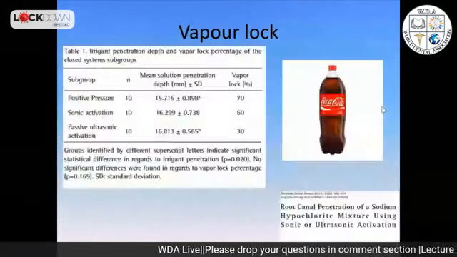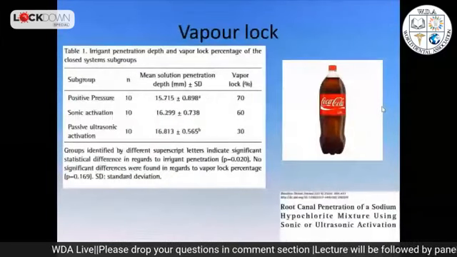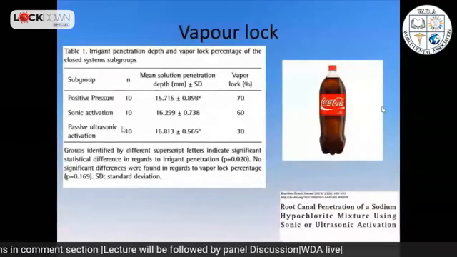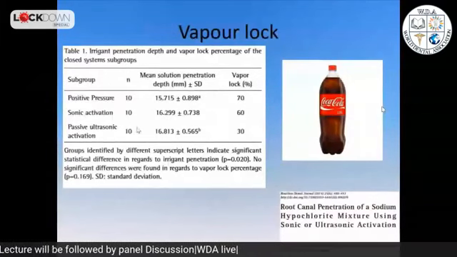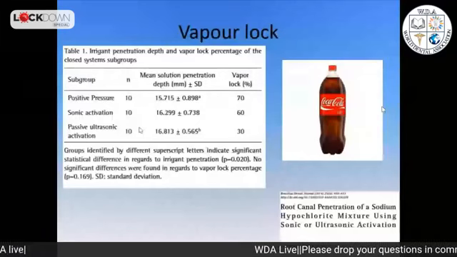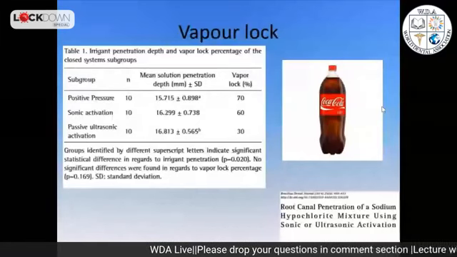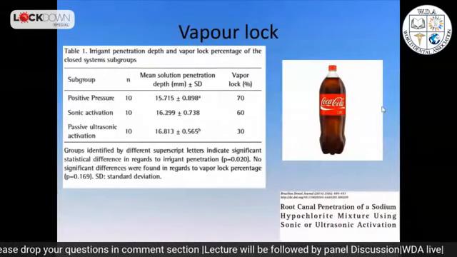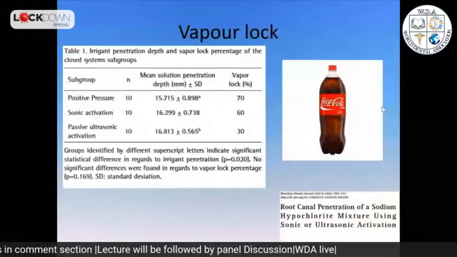So we did different activation and agitation techniques. If you see, we used sonic and ultrasonic activation and our penetration was enhanced. So using passive ultrasonic agitation or sonic makes these chemicals go a little bit deeper.